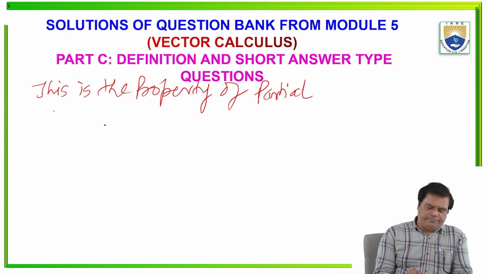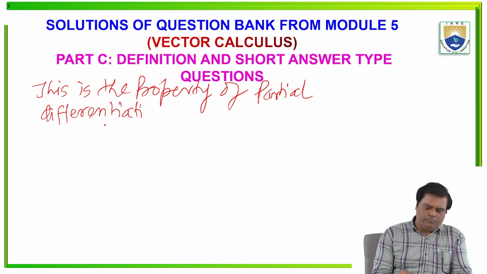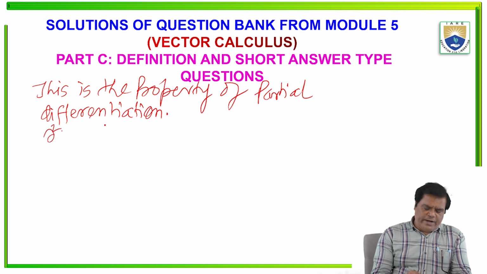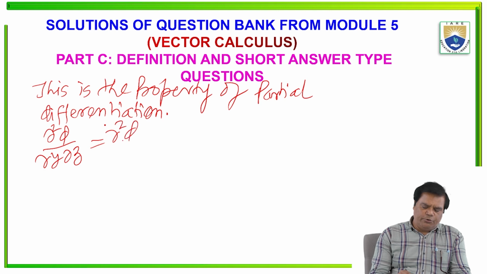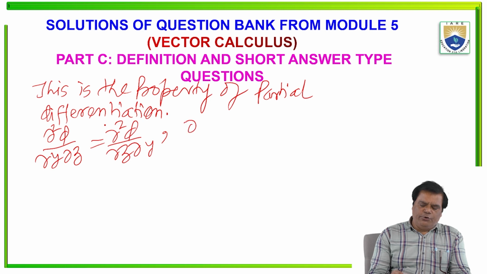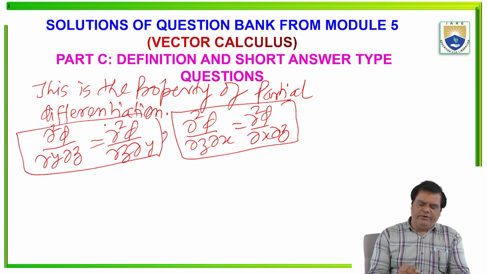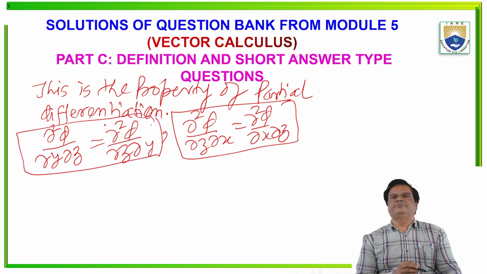And ∂²phi/∂y∂z equals ∂²phi/∂z∂y, and ∂²phi/∂z∂x equals ∂²phi/∂x∂z. These are properties of partial differentiation which are equal to each other.